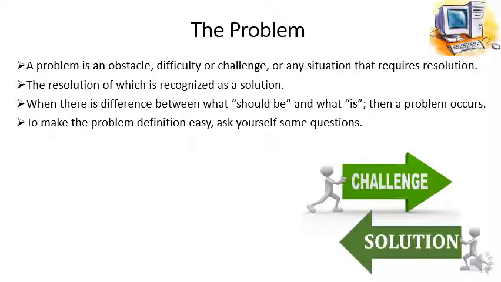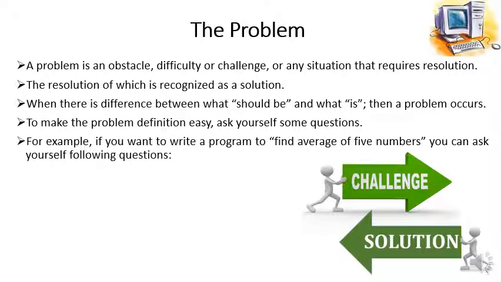To make the problem definition easy, ask yourself some questions. For example, if you want to write a program to find the average of 5 numbers, you can ask yourself the following questions. The first question: what does average exactly mean? Because you are going to find the average of 5 numbers, first you must know what average actually means.